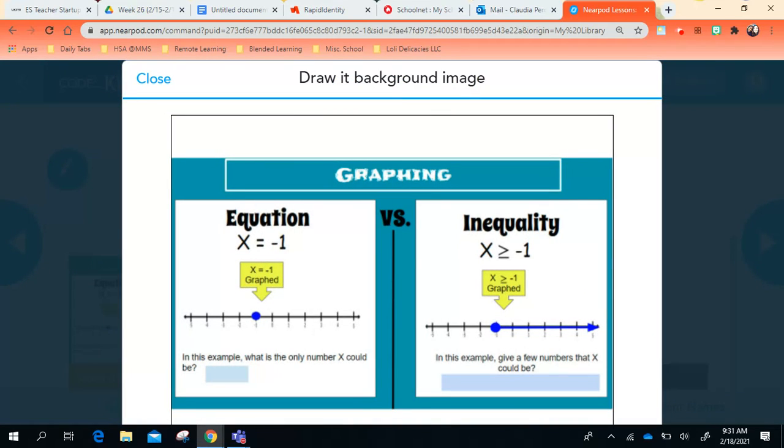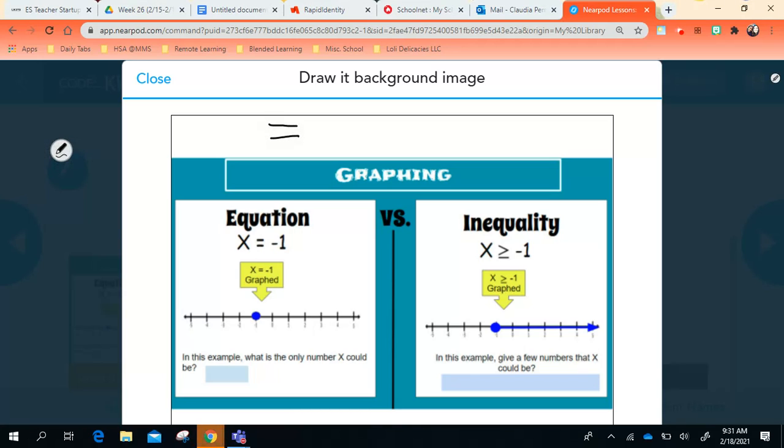Okay, so we're going to look at graphing. So let's go ahead and compare. We just came off doing equations. Remember, when we did equations, we were using that equal sign.